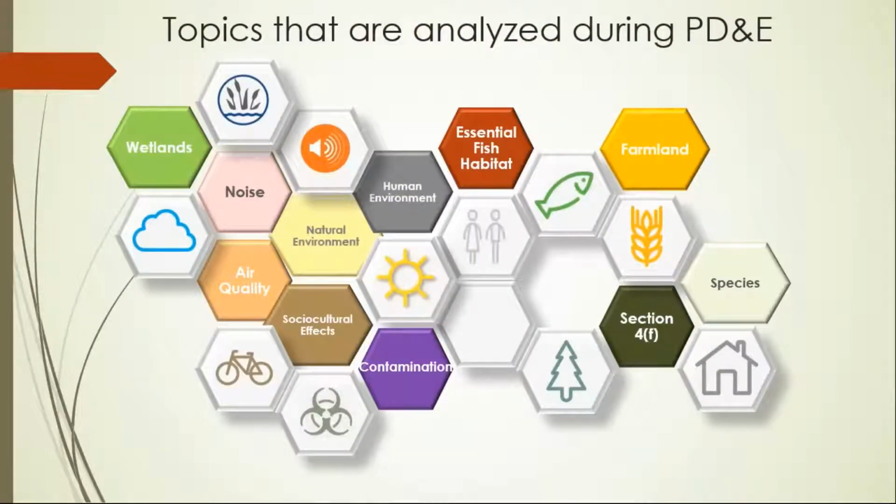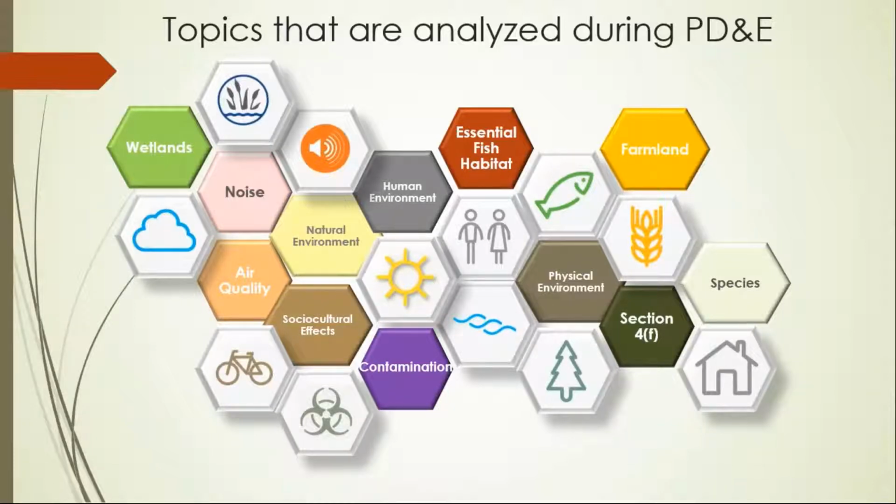So in the previous slide, I mentioned that the level of documentation is determined on whether the project impacts on resources are significant. But how is significance determined? The determination as to whether a project has significant impacts is made for a variety of resources. These are just some of them. The full list of resources is found in the PD&E manual.